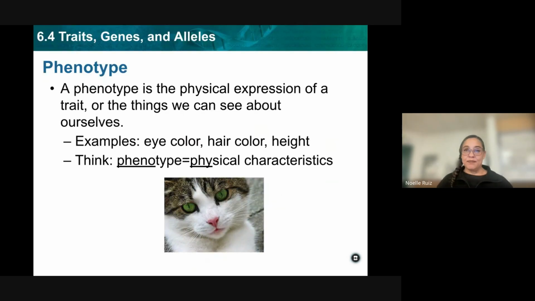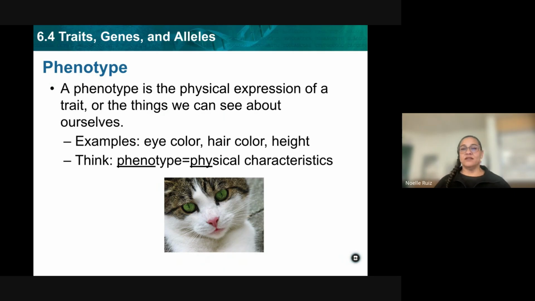So phenotype, this is one of those vocabulary words you just have to learn and go with because we use it a lot. A phenotype is the physical expression of a trait, or the things we can actually see about ourselves. So this is the fancy science word that just means our physical characteristics.